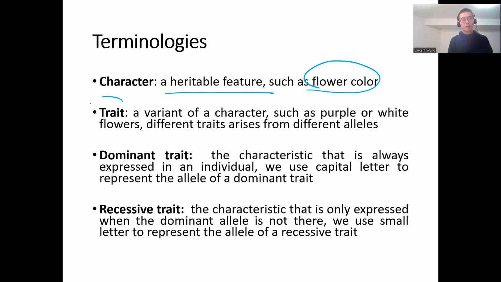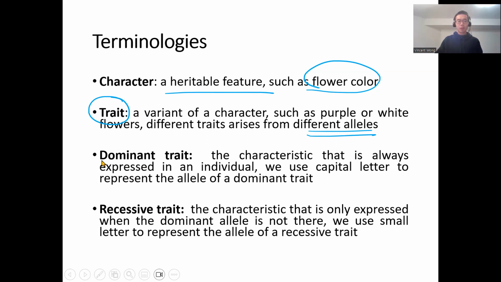Why do we have different traits? That's because we have different alleles. Different alleles are responsible for the variation in the character. Now, some traits are dominant while some are recessive.